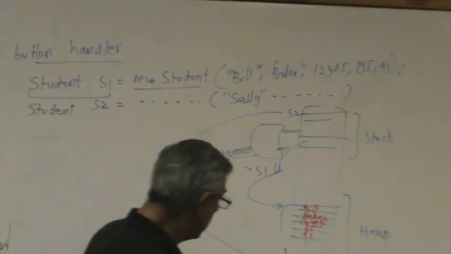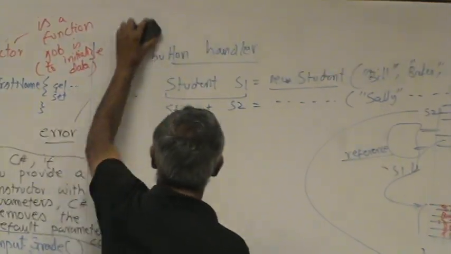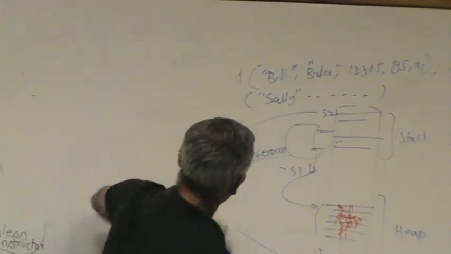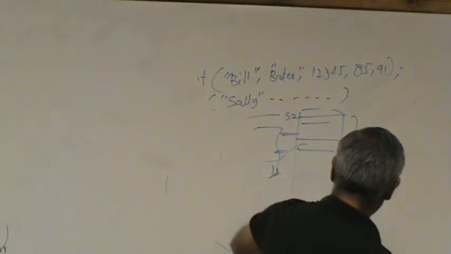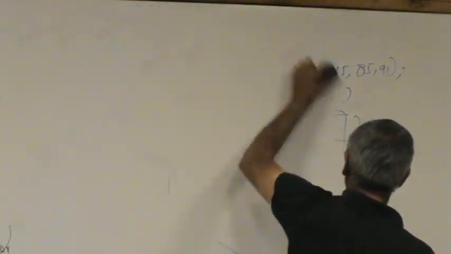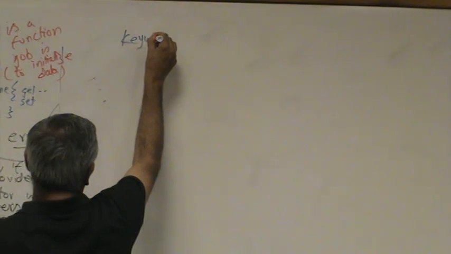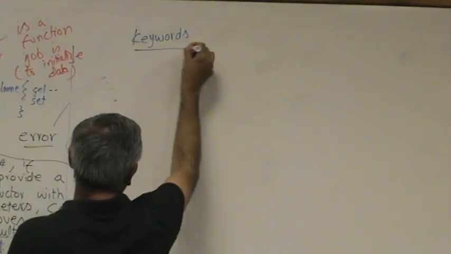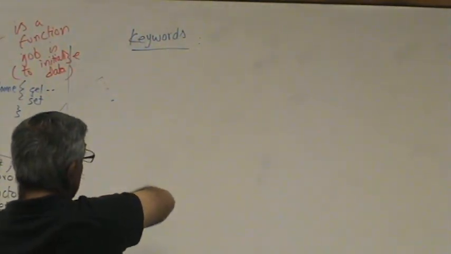Okay, so next concept is, there are a couple of keywords that we use both in C#, sometimes in C++, but also in Java. And those keywords are associated with a class and the methods inside a class.